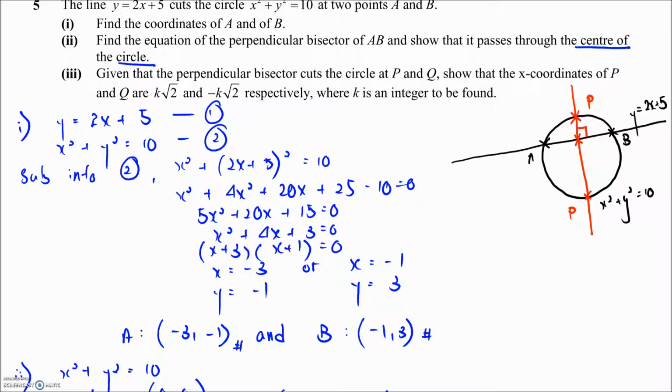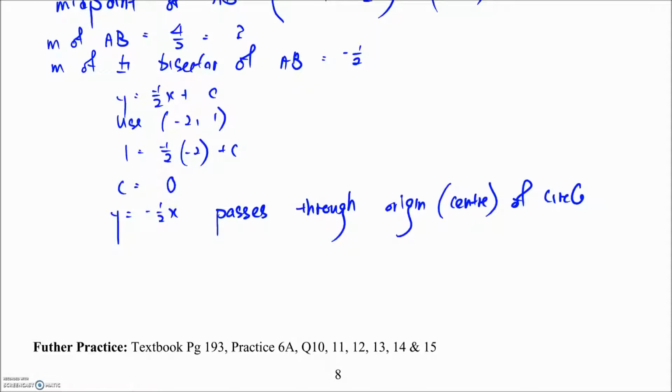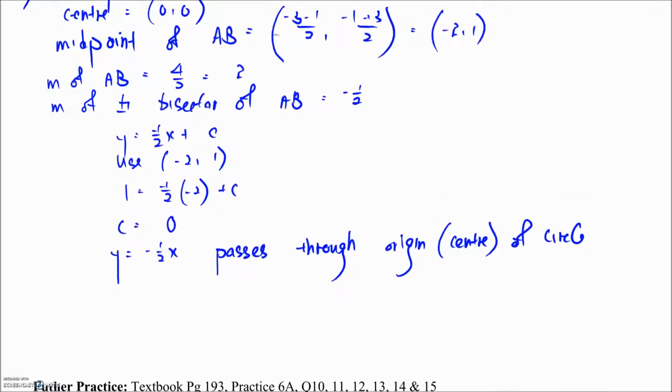Similar to part 1, using the equation of the perpendicular bisector that I've just found, I will substitute it inside the equation of the circle.